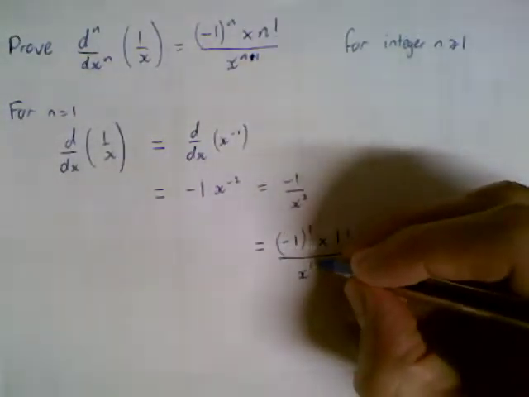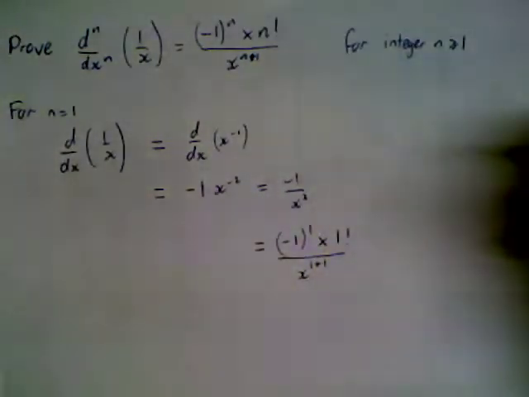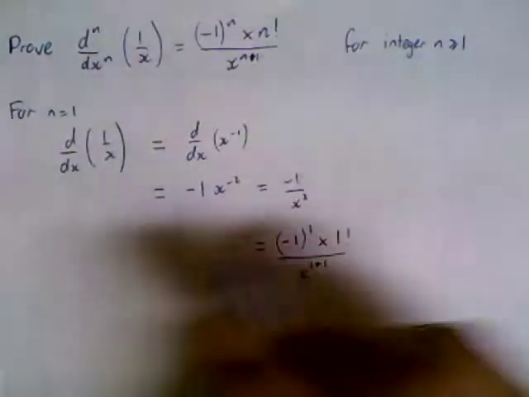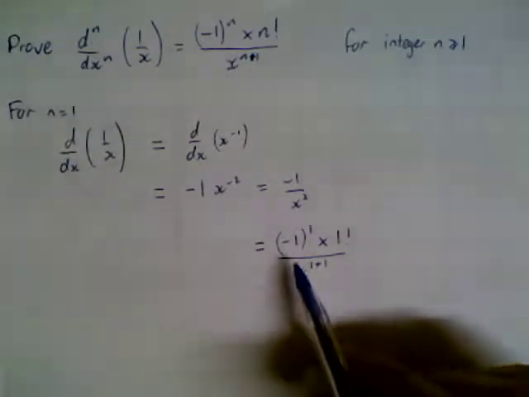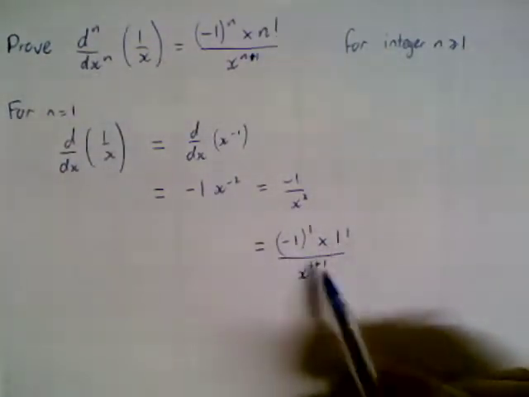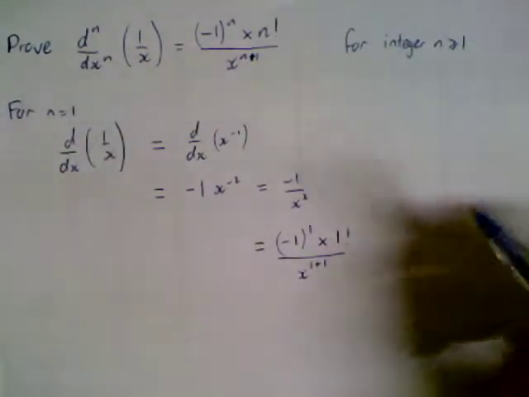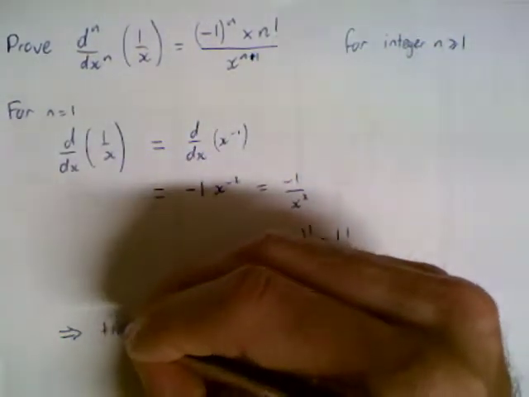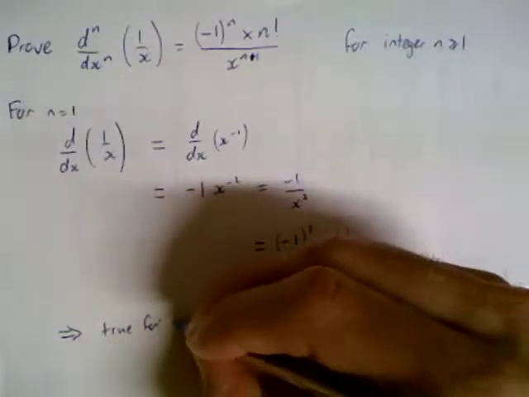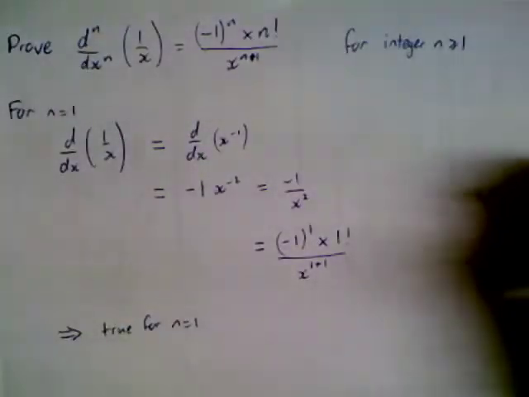Because n is equal to 1, we could call that 1 plus 1. So we can see that d/dx of 1 over x does hold. We do get (-1)^1 times 1 factorial over x^(1+1), which implies true for n equals 1. Okay, that's our first step.